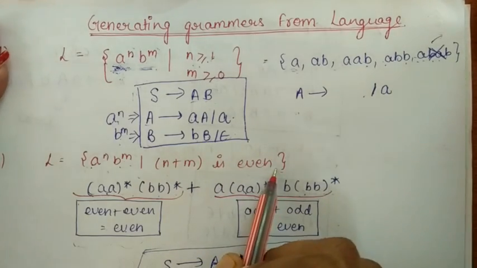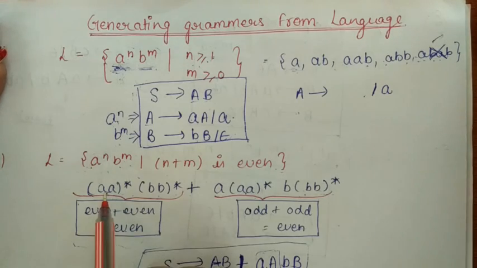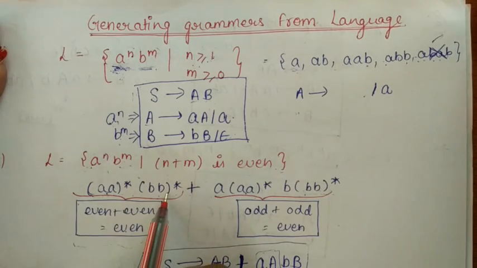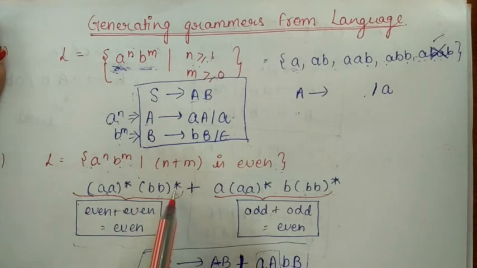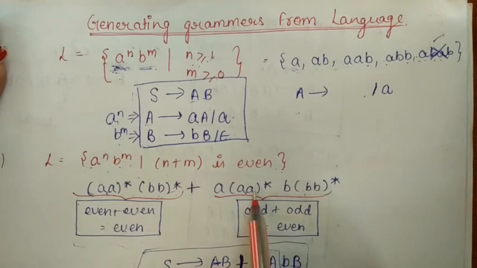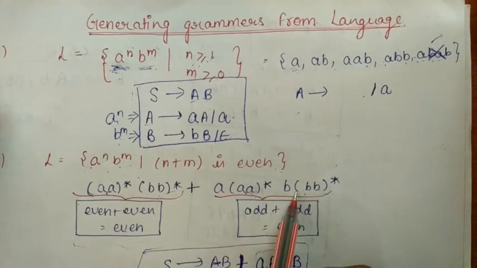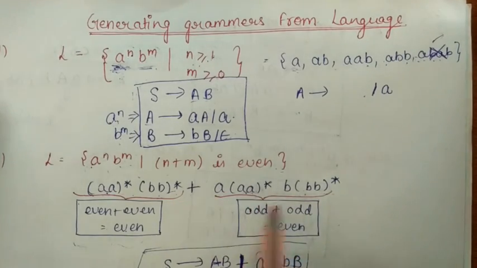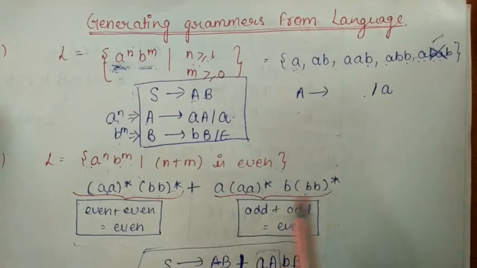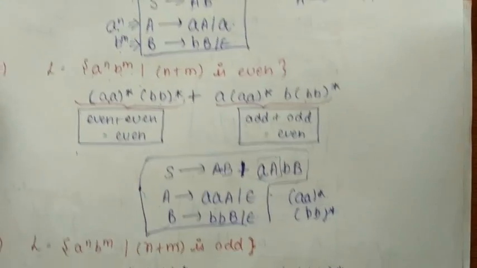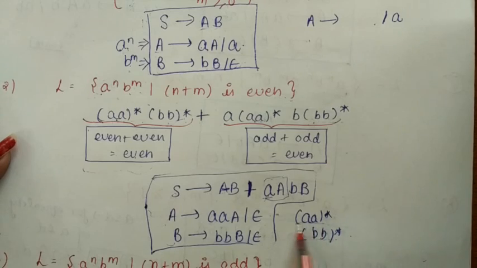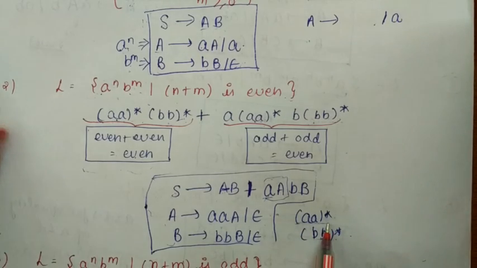If we take even number of a's and even number of b's, the total length will be even. Either we can take this or we can take this. Means if we take odd number of a's and odd number of b's, then the total length of this string will also be even.